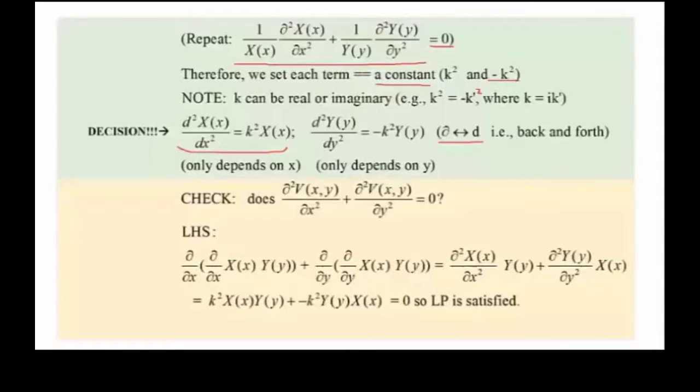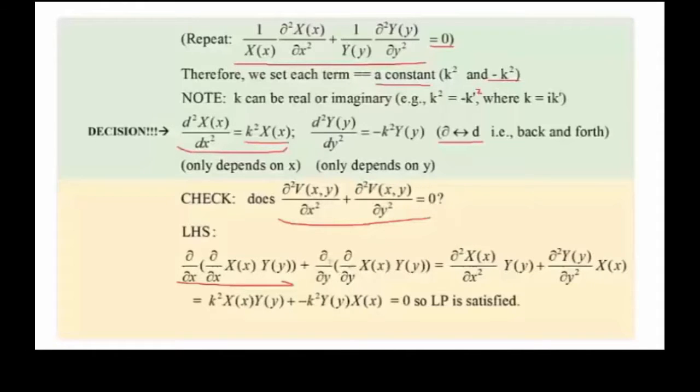Well, one thing we can do is just check to see if Laplace's equation still is satisfied. If you come up here and look at the second derivative of X with respect to x, it is equal to k squared X. So if you take this equation and put in our solution, X times Y, then it would look like this. So you'd have the first partial times this product, and then you take the second partial, and that gives you the second partial derivative. And the same goes for y.